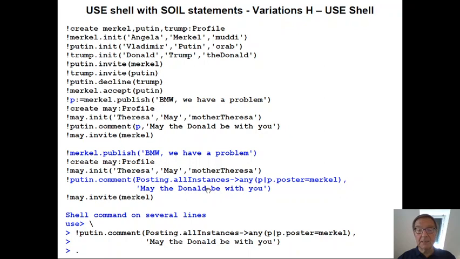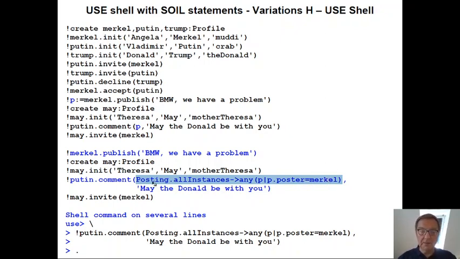And then in order to later access the posting, at this position here, instead of the p, a query is used. So instead of the variable p, I have formulated a query, posting.allInstances, and then please select any p such that p.poster is equal to Merkel.